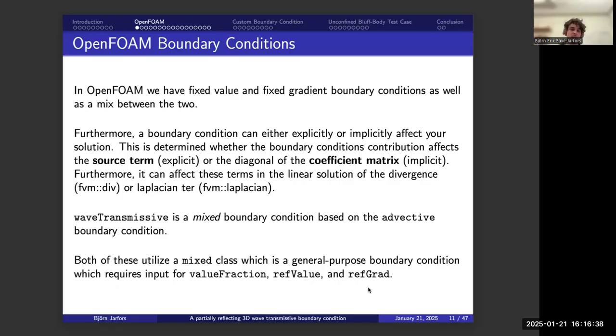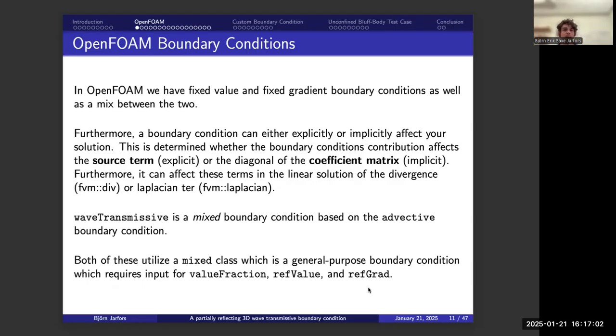And this is determined by whether the boundary condition affects the source term, which is the explicit way of affecting the linear system, or you can have a contribution to the diagonal of the coefficient matrix, which is the implicit way.